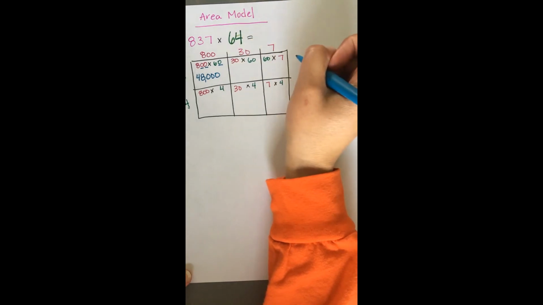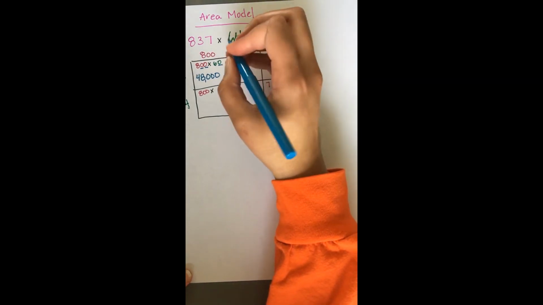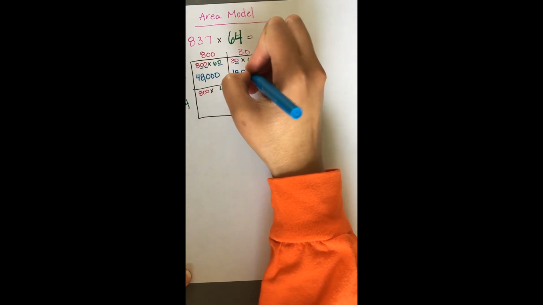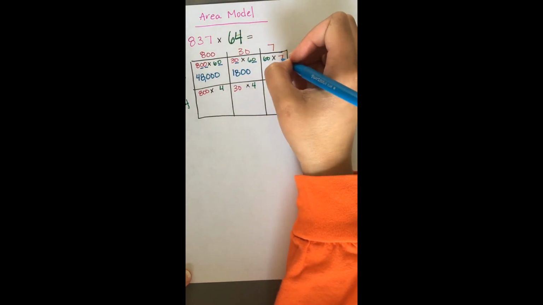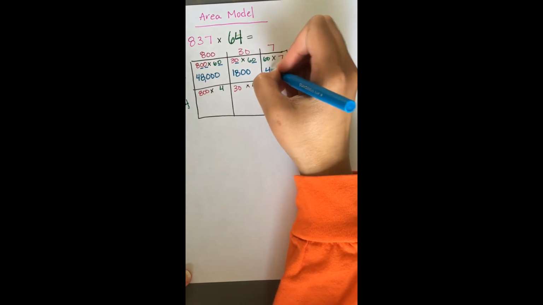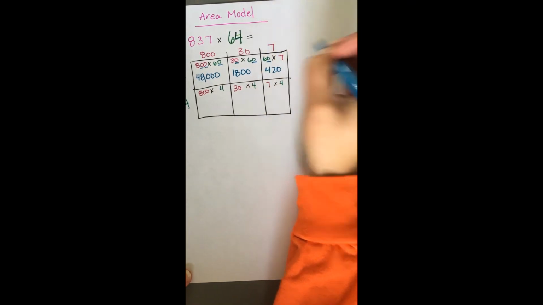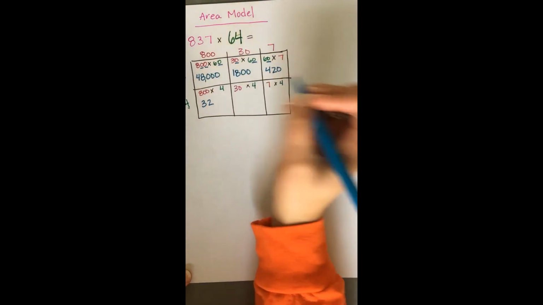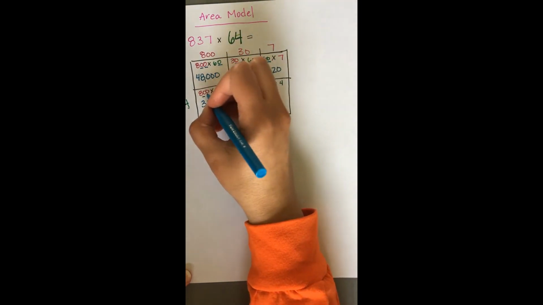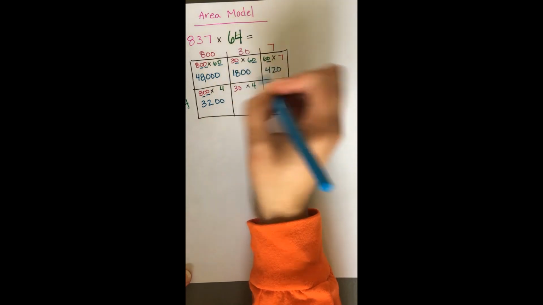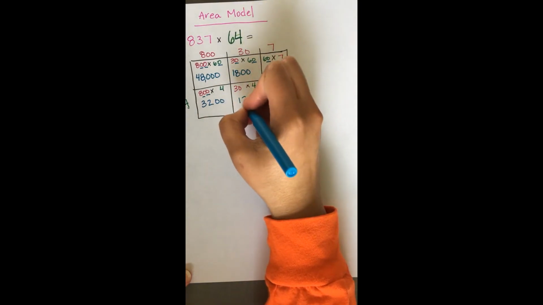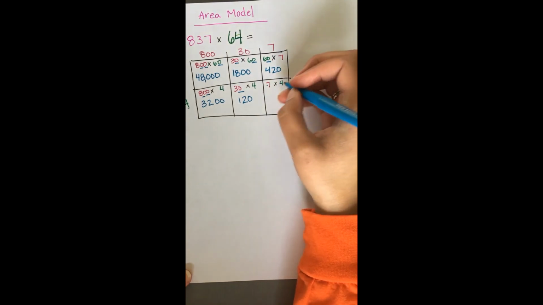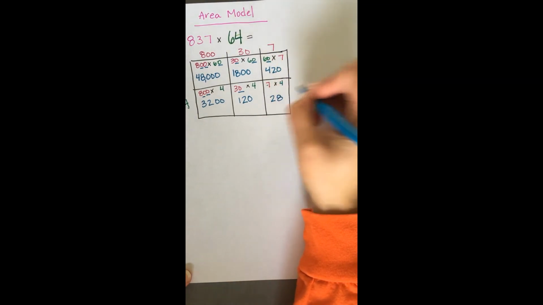So we're going to do the same thing with all the boxes. 3 times 6 is 18. We're going to put 2 zeros. We have 3 times 7, which is 42, and we're going to put 1 zero. 8 times 4, which is 32. We're going to put 2 zeros. 3 times 4, which is 12. We're going to put 1 zero. 7 times 4, which is 28, and we're not going to put any zeros.